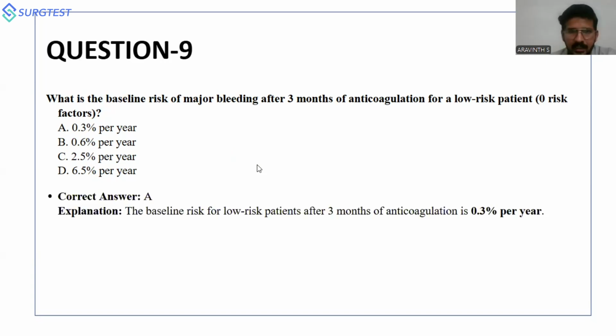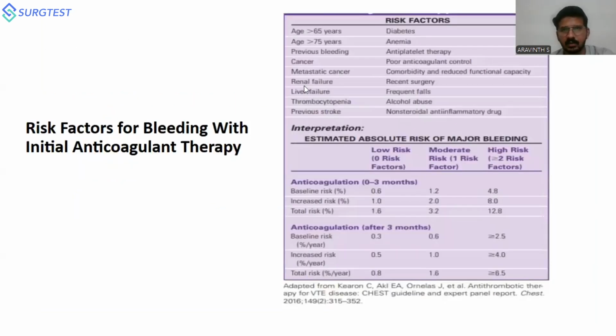Moving forward, the baseline risk, even for a patient who is low risk, is 0.3% per year. So even for a patient who has absolutely no risk of developing a venous thromboembolism, the low risk is around 0.3% per year. It's still not zero. So look closely.